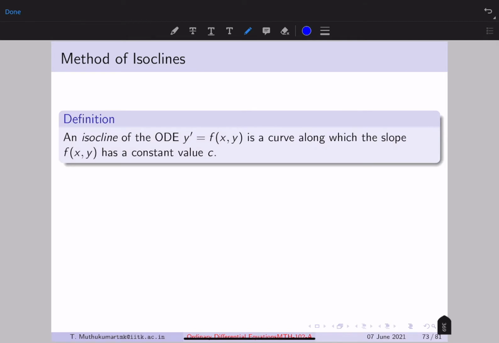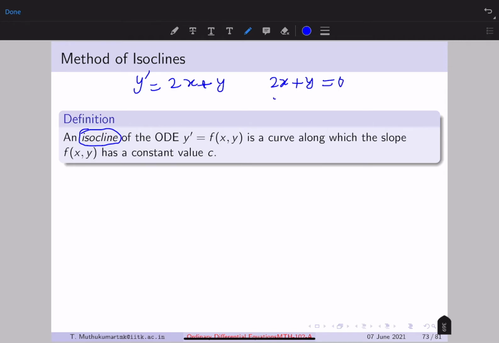So to illustrate this, whatever we have just illustrated is what is called the method of isoclines. Before that, what is an isocline? The way I already described in the previous example, you had y prime equal to 2x plus y, and I said if you want to find the curve on which the slope of the tangent is 0, then you solve f of x comma y equal to 0.